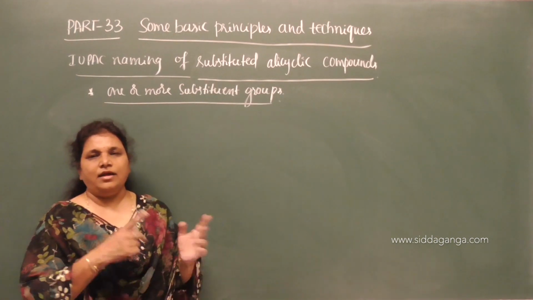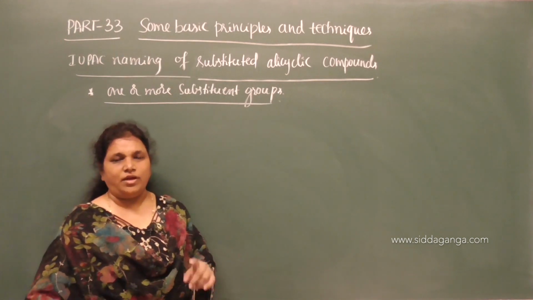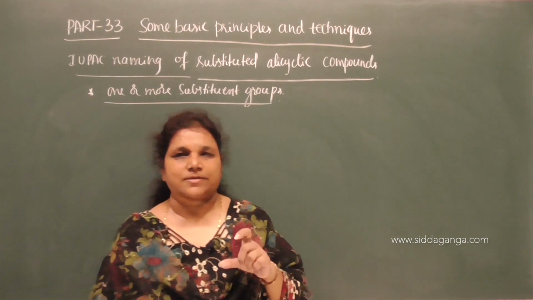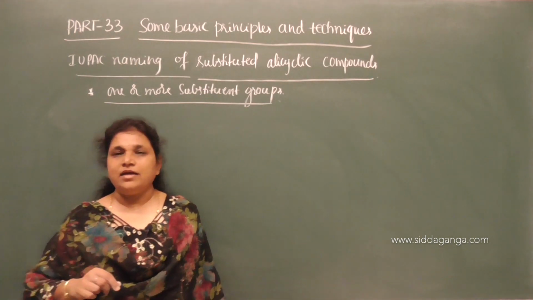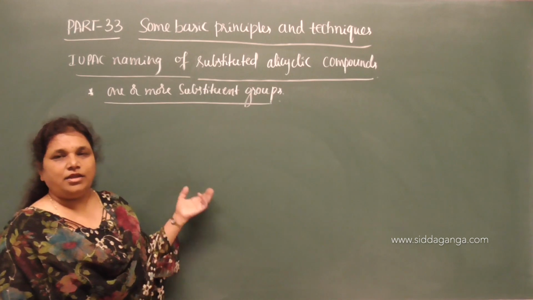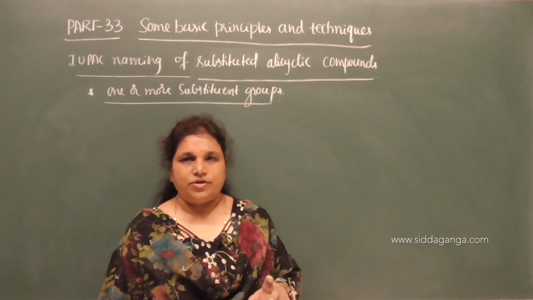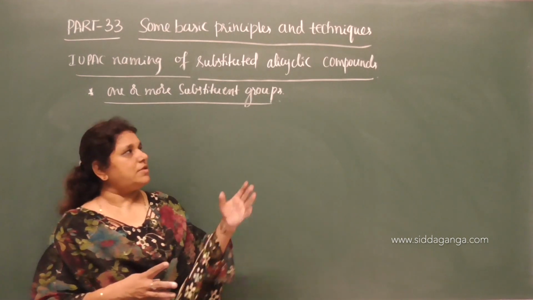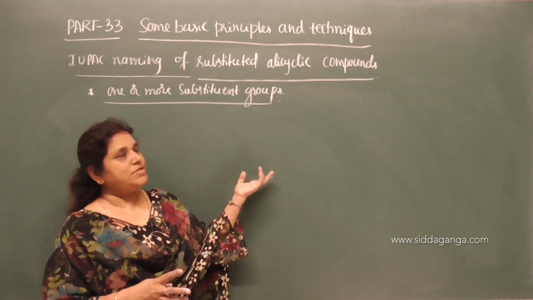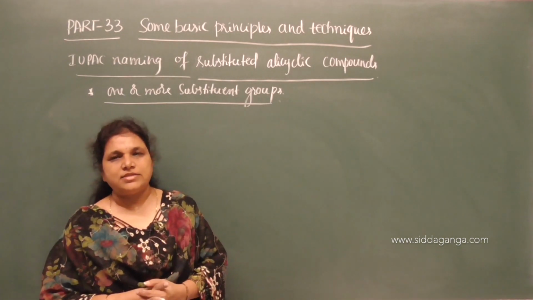So, methylbutane or chlorobutane, like that. We need to give the position of the substituent group by assigning the lowest possible number. Here also we need to assign the lowest possible number to that carbon which is carrying the substituent group. The same rules are followed in naming substituted alicyclic compounds as in the case of alkenes.